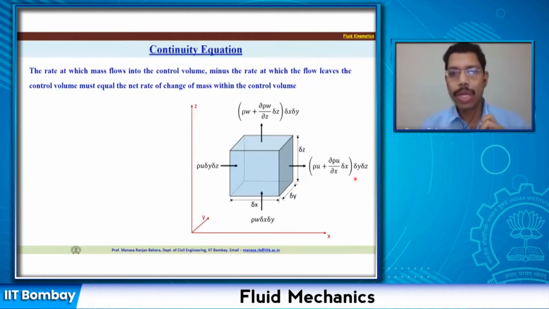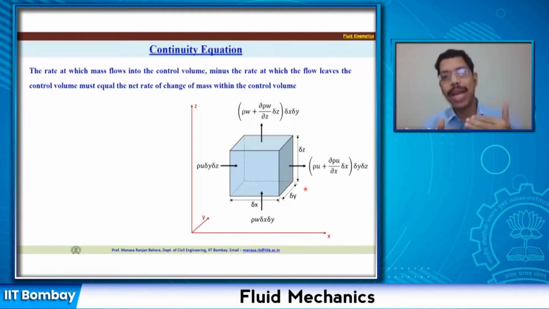We could write this as the mass flux that is going out through this face, and this is the mass flux that is coming in. So now we know what is going out and coming in along this x-axis. Similarly, we can find out what are the flows that are passing in other directions.